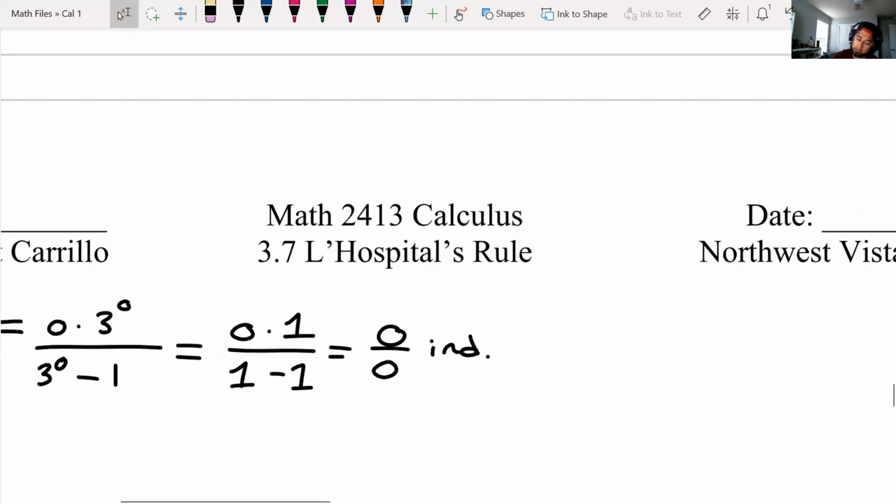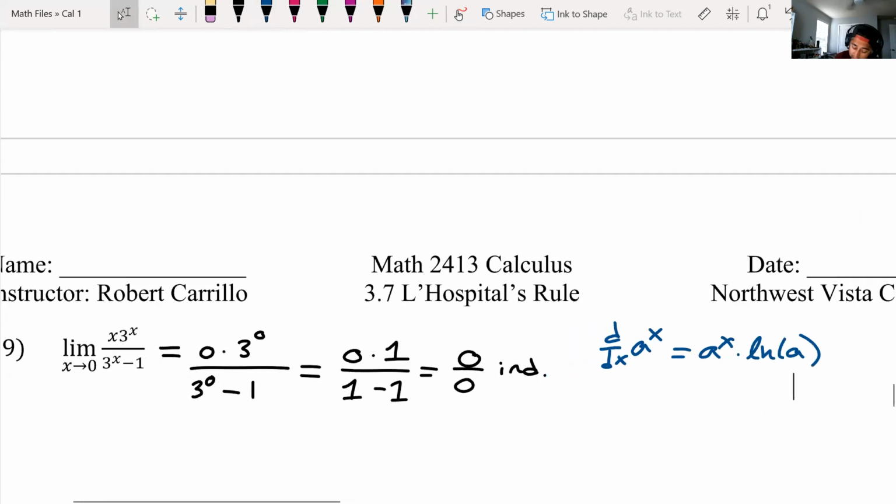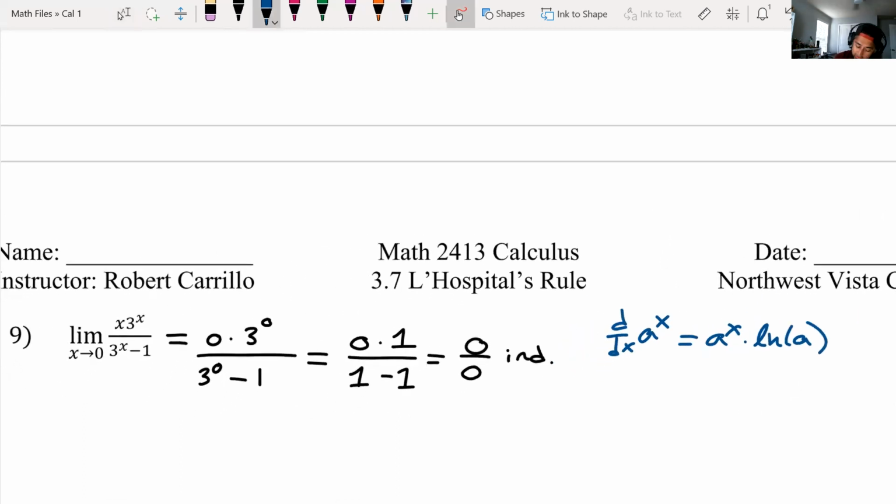But before we do so, remember that the derivative of an exponential function with any base a is a to the x times the natural log of that base a. And then if we are going to take the derivative, what rule are we going to have to use in the numerator?